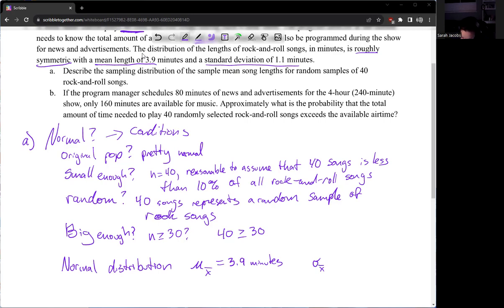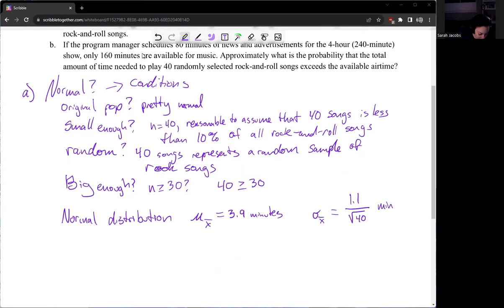The standard deviation of this is going to equal the standard deviation for one song, 1.1 minutes, over the square root of our sample size. When we do that, we get 1.1 divided by root 40, which is roughly 0.1739 minutes. I'm not going to round it too aggressively just yet because I want to make sure that at the end, I haven't rounded too soon.